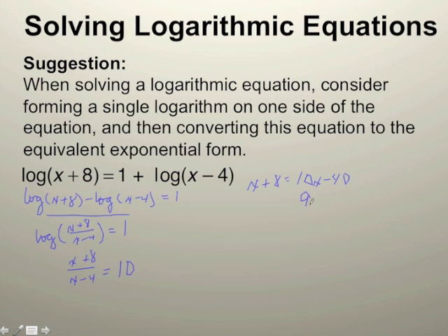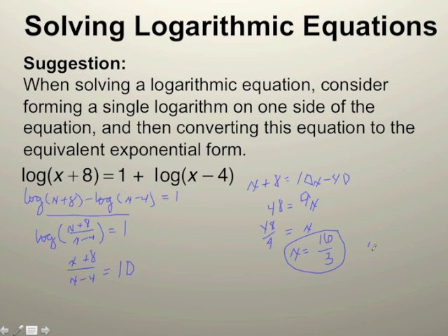And that means 9x will equal 48, and x will equal 48 ninths, which can be reduced, so x equals 16 thirds. Now, I still must remember to check and make sure I have positives.